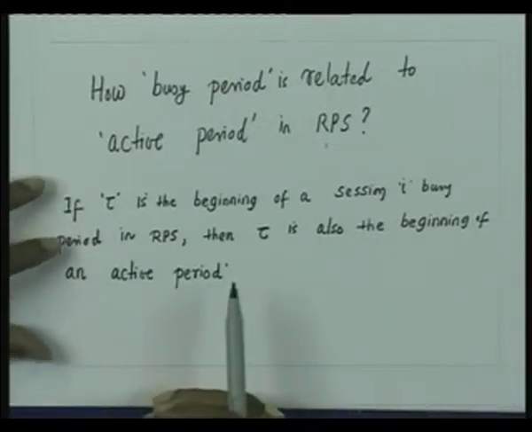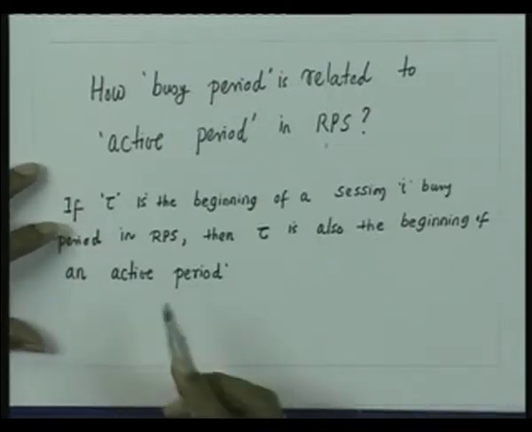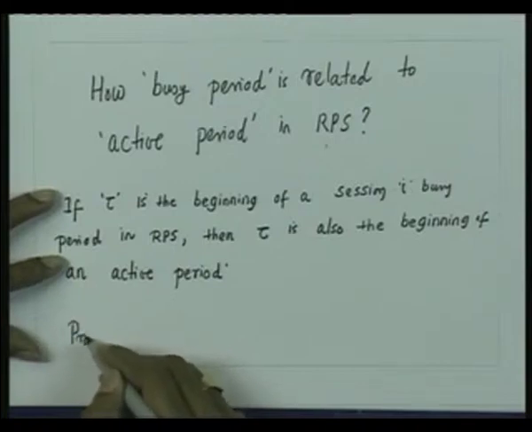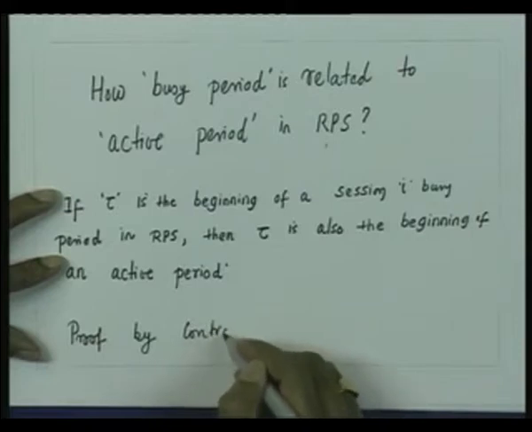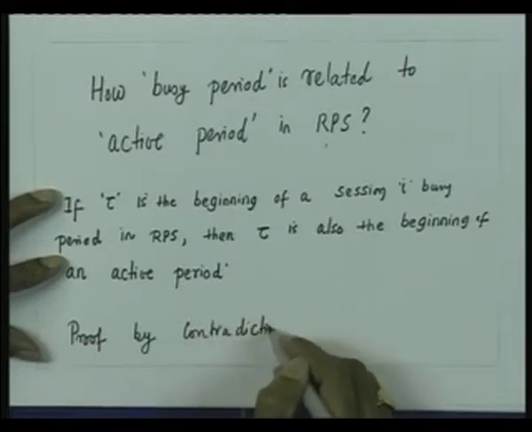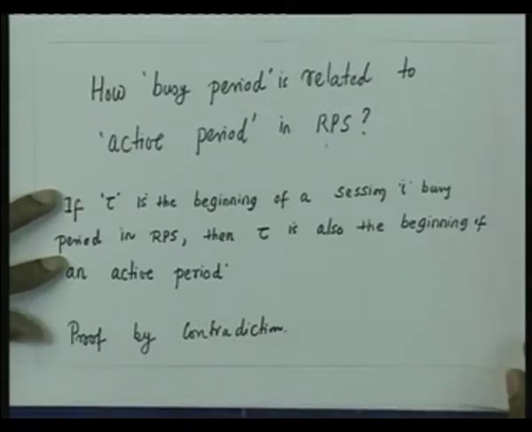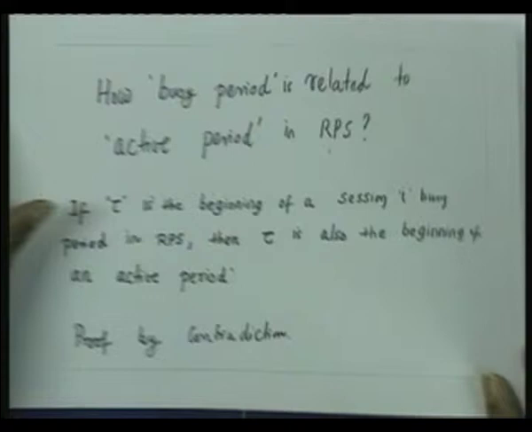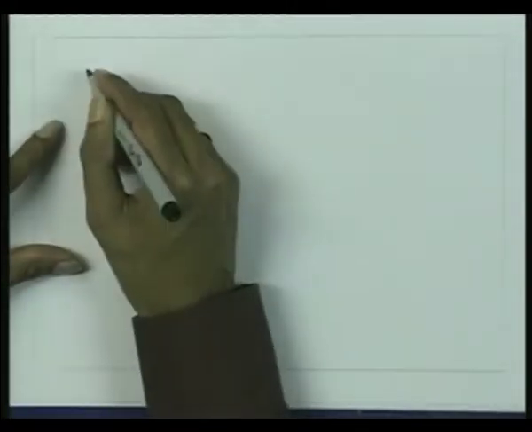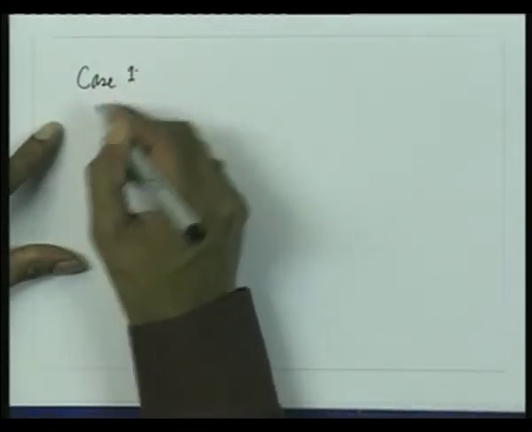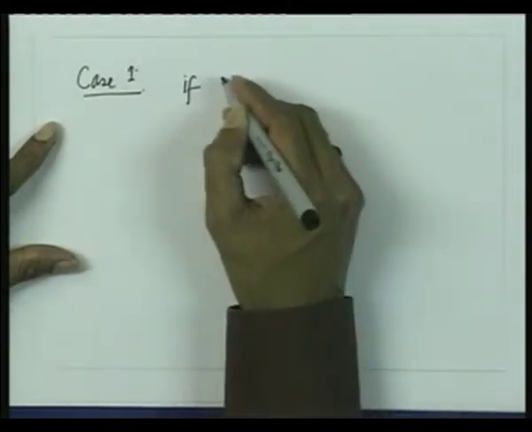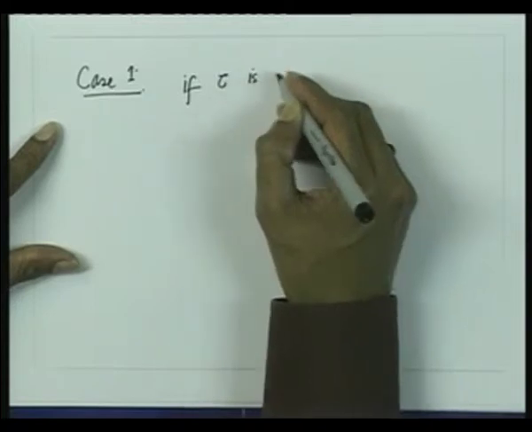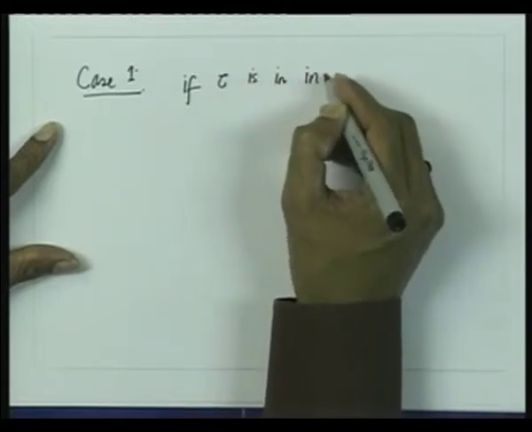So we will try to prove this by contradiction. So we take a case. Case 1 is if tau is in an inactive period.